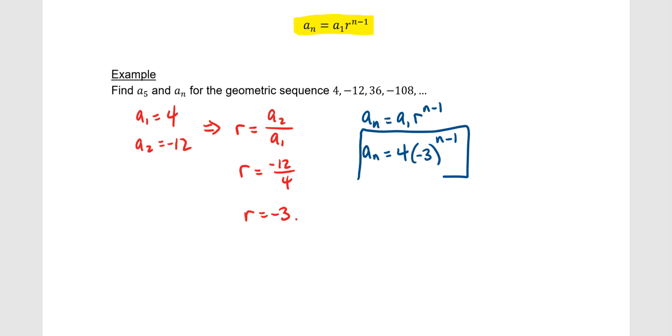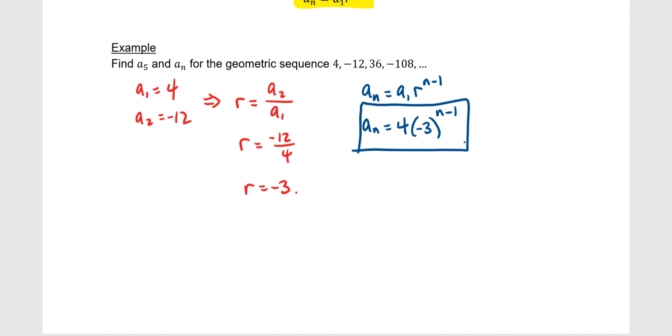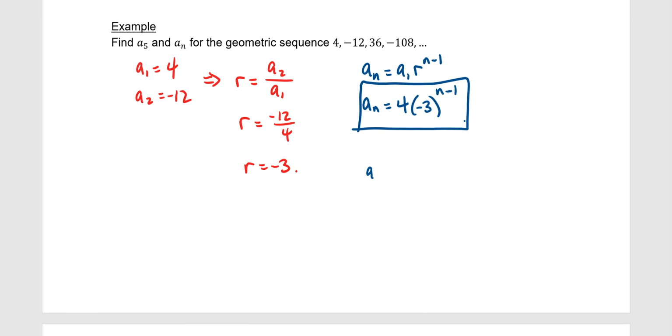Now we can find any term in this entire sequence, so pretty simple. If we want to find a sub 5, we can use this formula. It's 4 times negative 3 raised to the 5 minus 1, which is 4 times negative 3 to the 4th power.